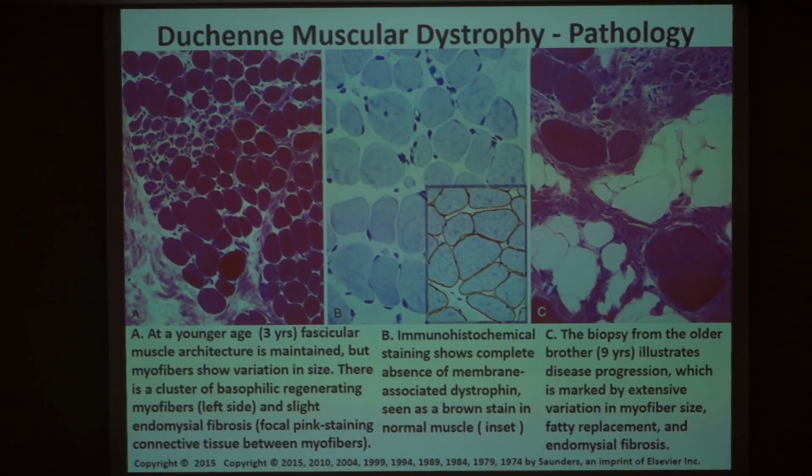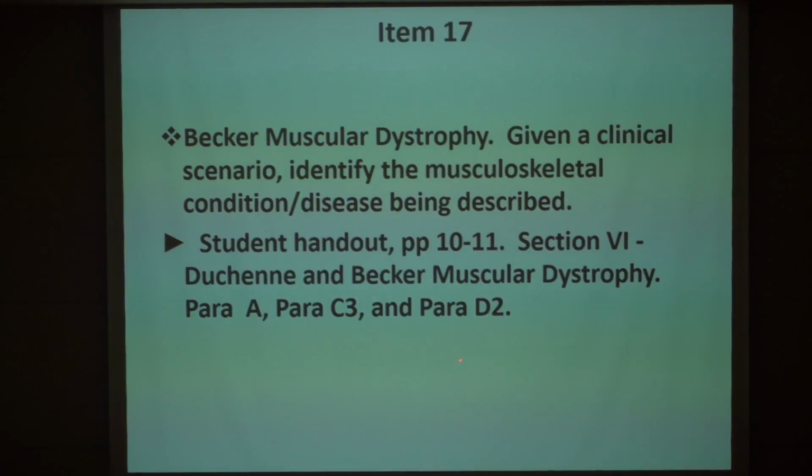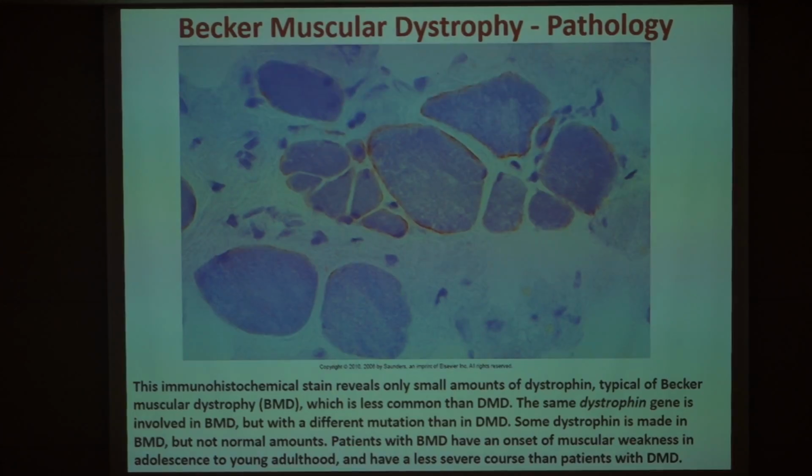That is to distinguish it from Becker's, which has partial staining because you have a partial presence of dystrophin. So you will be given also a clinical scenario on Becker's muscular dystrophy, and once again, this is to show you the reduced staining. It's present, but it's reduced. These patients do not have as severe a course as Duchenne.